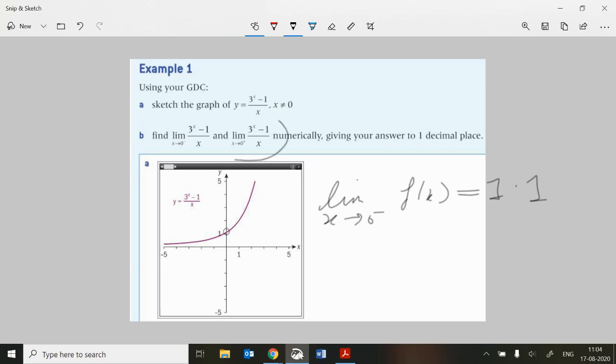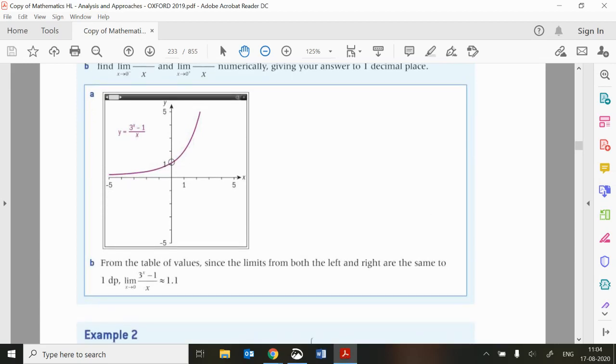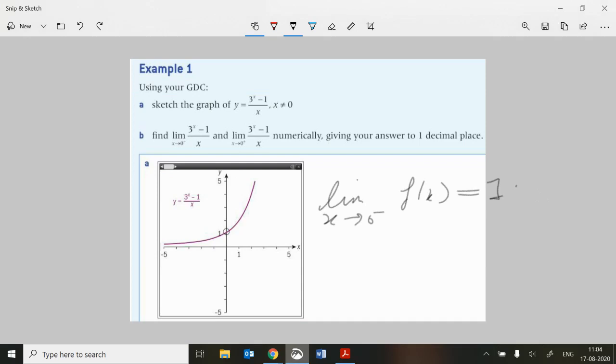And likewise, the same when we're tending from the positive side. Okay, now they're saying that this is approximately 1.1, presumably because, in fact, we're not ever getting out the answer of 1.1, and maybe it's not exactly that. And so we don't know necessarily, we don't have enough information either from the table or from the values which you're putting in.